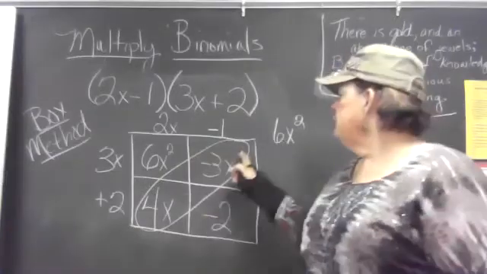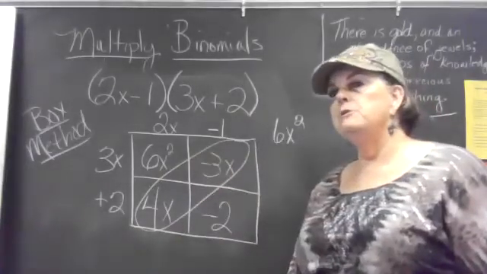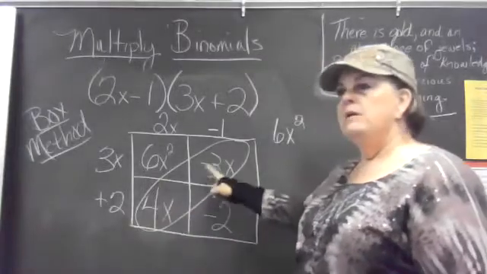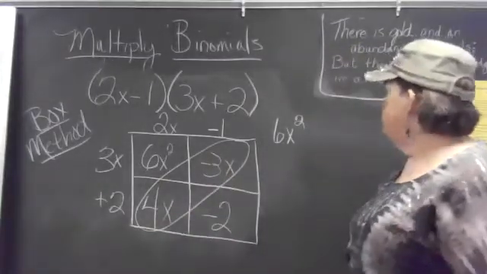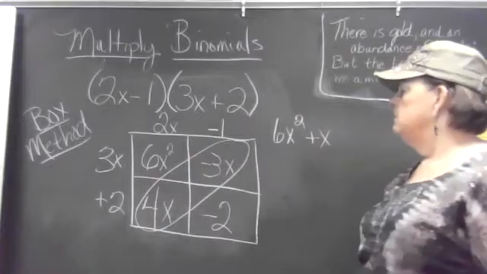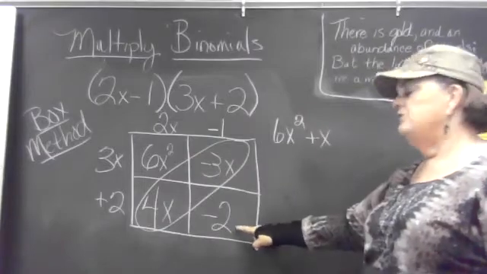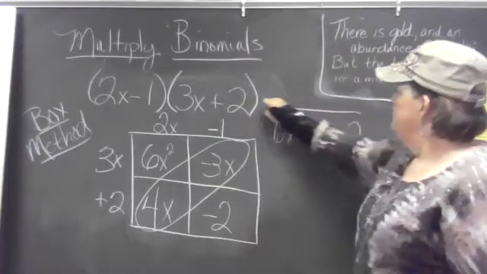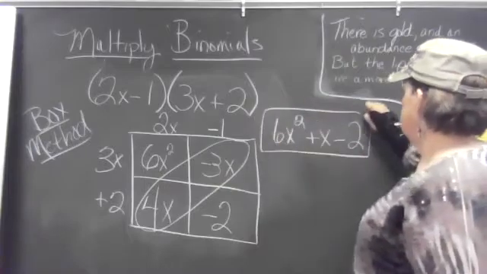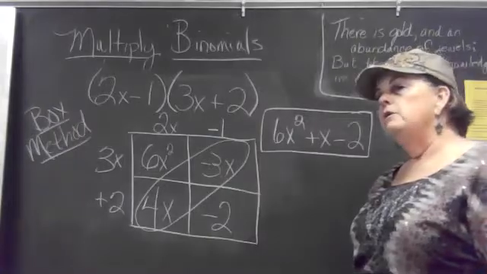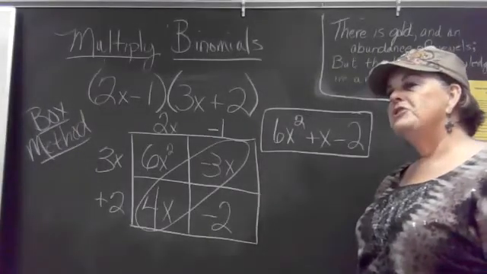So always look on the slant and see if they're common terms. So you have 4x's minus 3x's, so I have a positive 1x. And then this is the only thing left over, so I have a -2. And this should be exactly the same answer we got a minute ago when we did the FOIL. Yep, same thing.